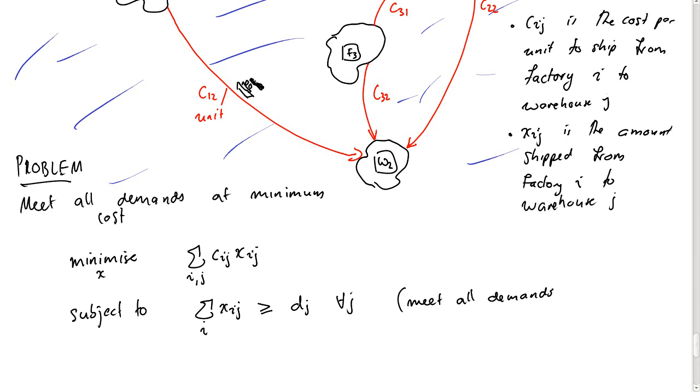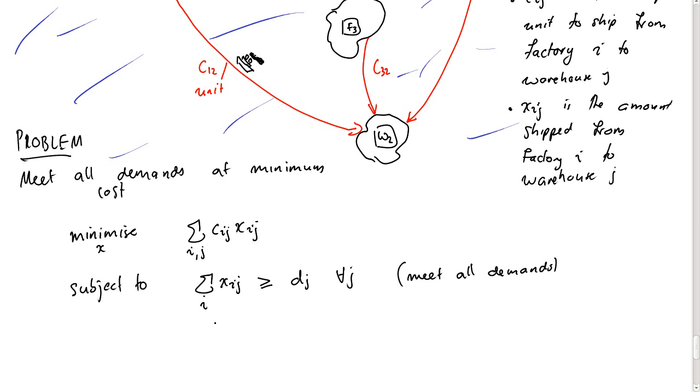For our version of the problem, it doesn't matter if you more than meet it, so long as you meet it. Likewise, for factory i, if we add up all the stuff that it's sending out, that's the sum over the j's, that's got to be less than or equal to the maximum that it can supply.